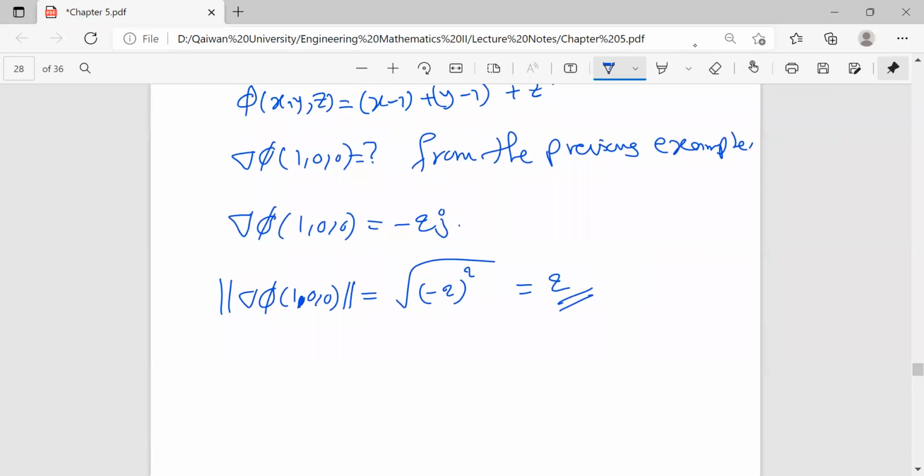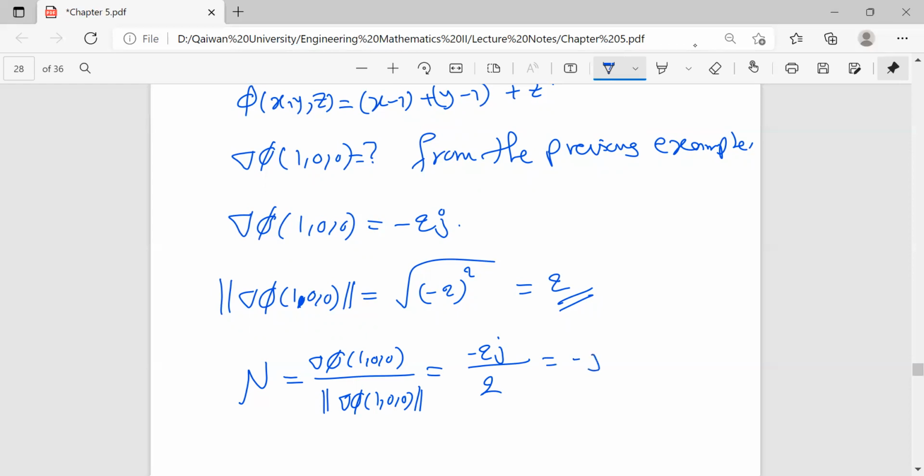Now the unit normal vector equals grad phi at 1, 0, 0 divided by the magnitude of grad phi at 1, 0, 0. This equals -2j divided by 2. If you have more components, we divide each component by the denominator. But here we have only one component, which gives -j.